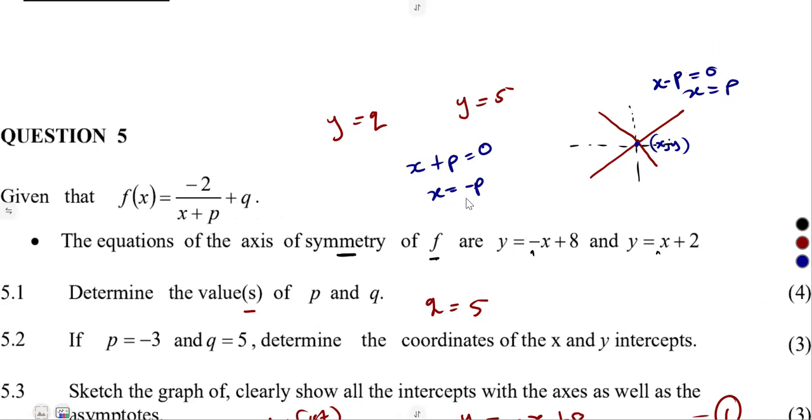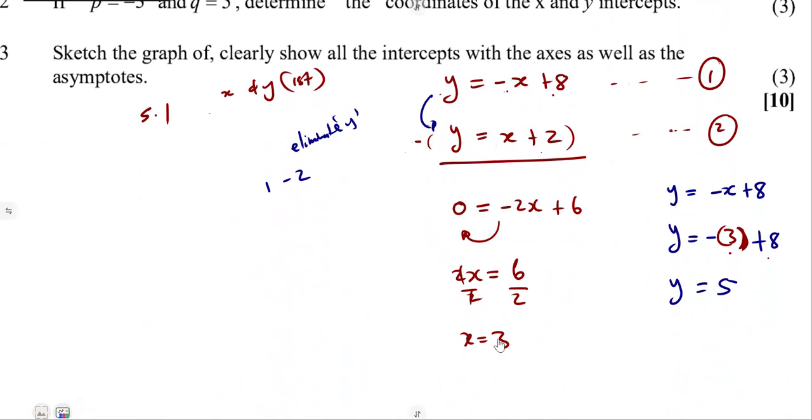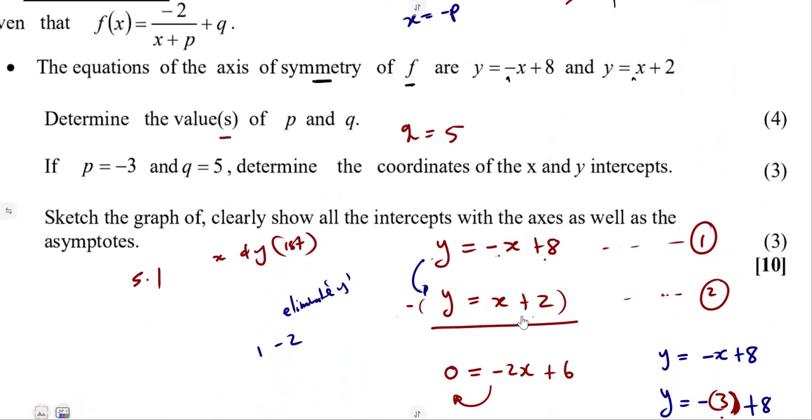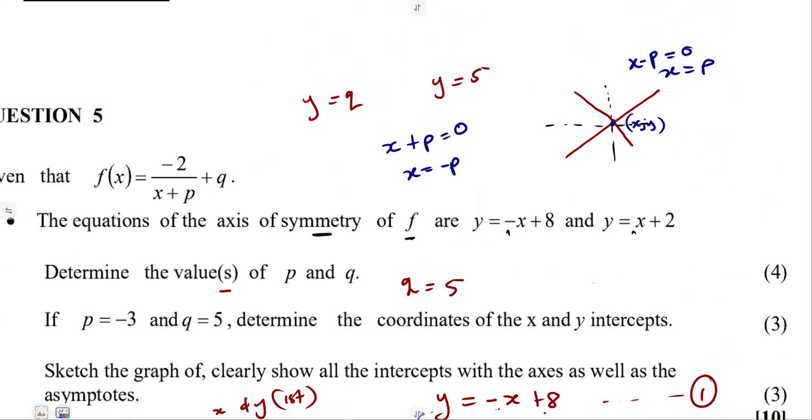In our case, our x value is 3. So that means our p is supposed to be a negative when substituted to say x is equal to 3. But from the format, it is x minus p. All right? So our p is supposed to be a negative 3 there. We must have a negative 3.